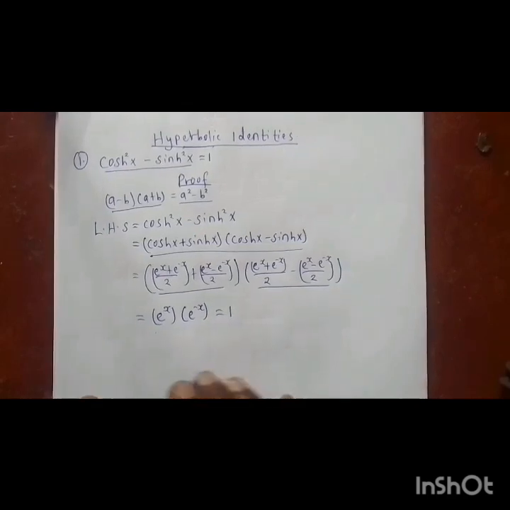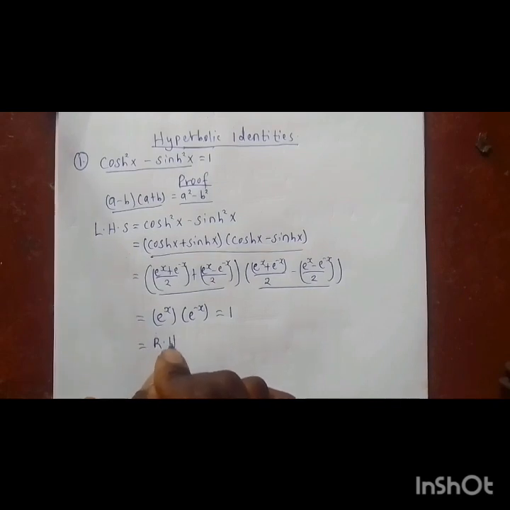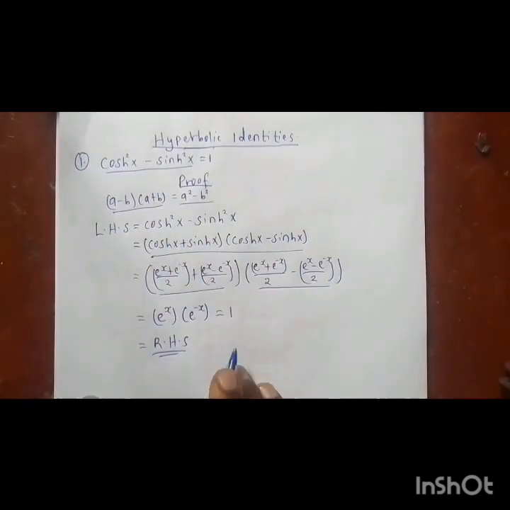So this has become equal to the value on the right hand side. So that is our first identity.